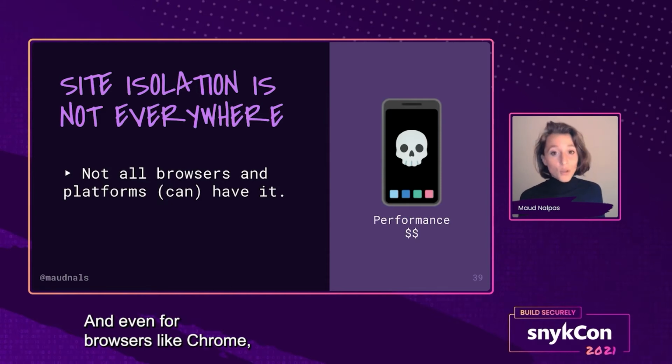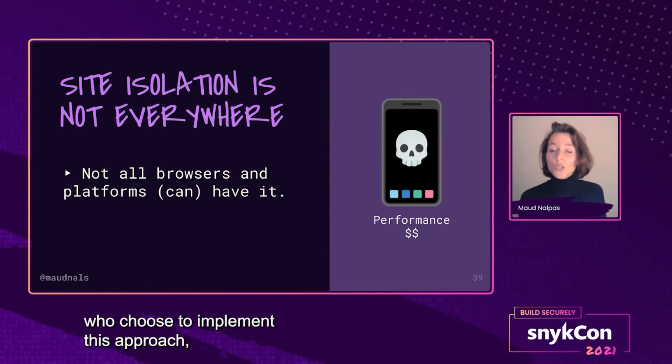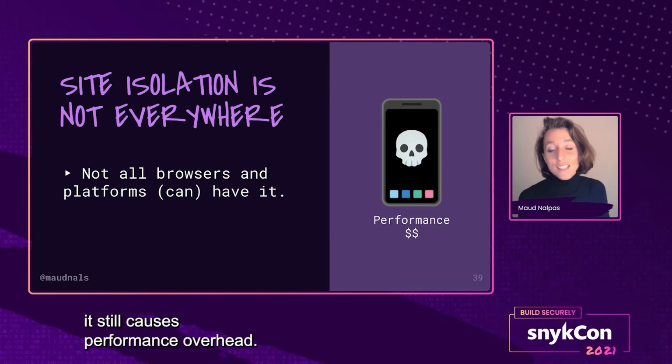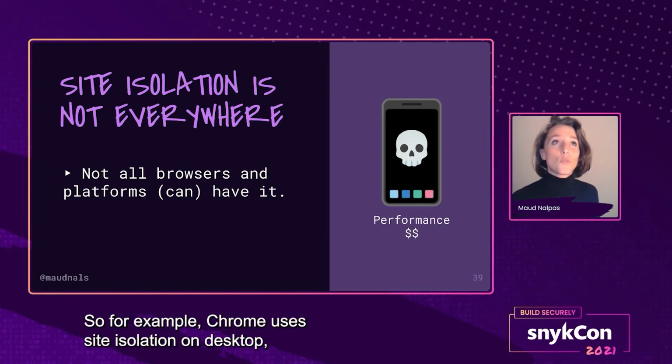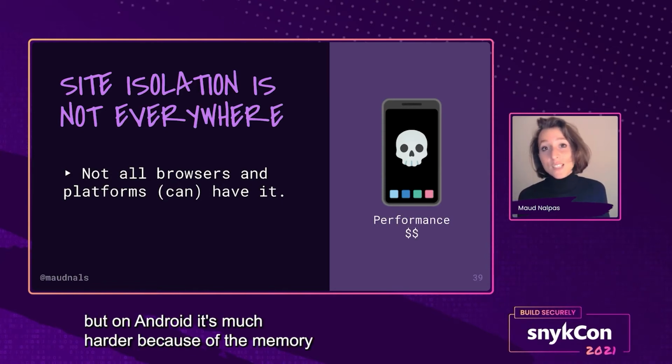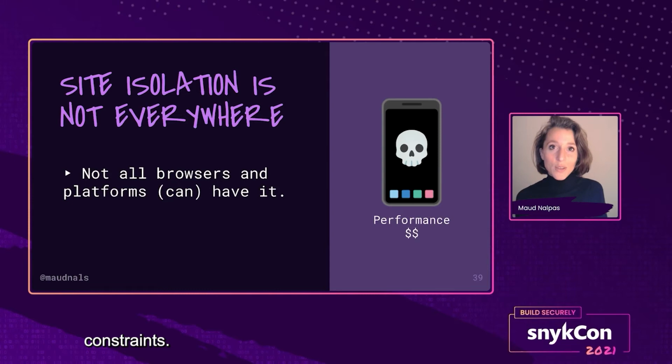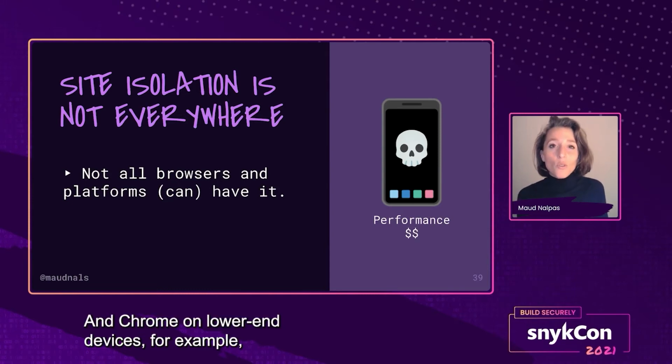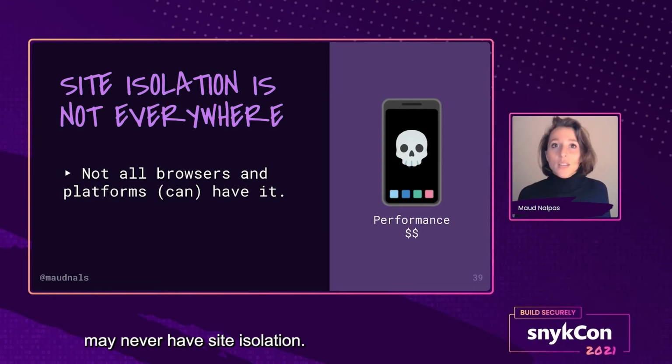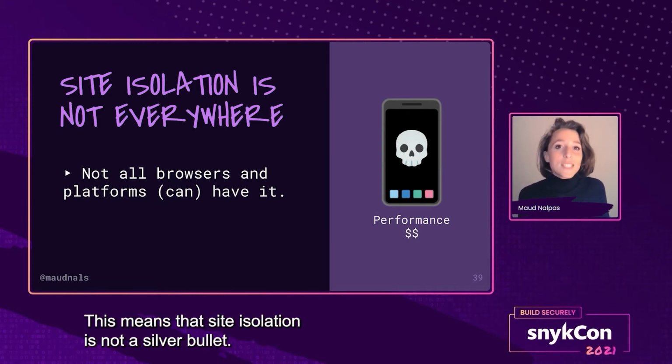And even for browsers like Chrome that choose to implement this approach, it still causes performance overhead. For example, Chrome uses site isolation on desktop, but on Android it's much harder because of memory constraints. And Chrome on lower-end devices, for example, may never have site isolation. This means that site isolation is not a silver bullet.